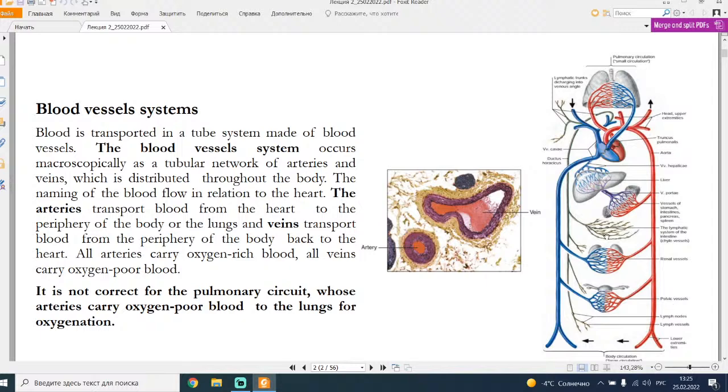All veins carry oxygen-poor blood. It isn't correct for the pulmonary circuit, whose arteries carry oxygen-poor blood to the lung for oxygenation.